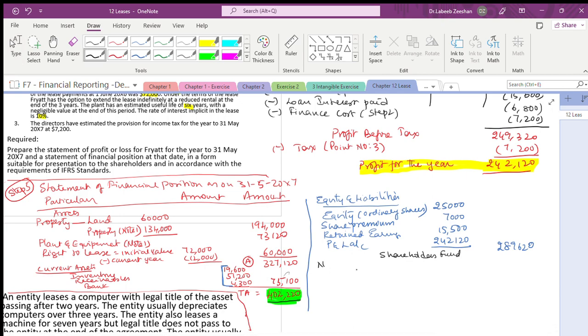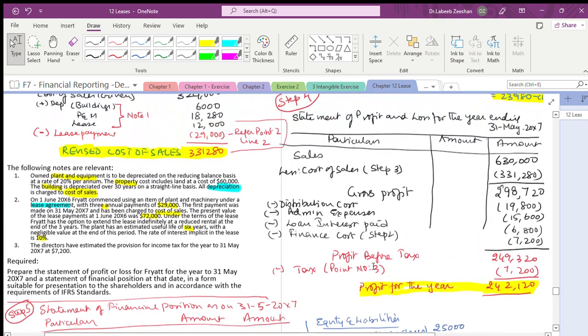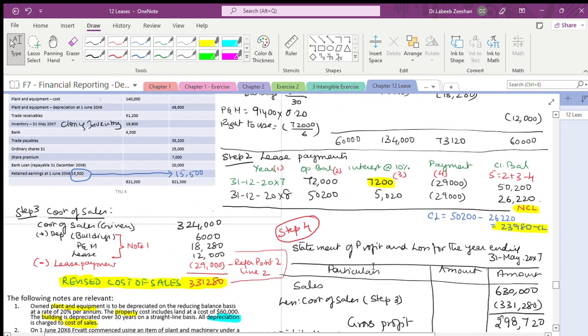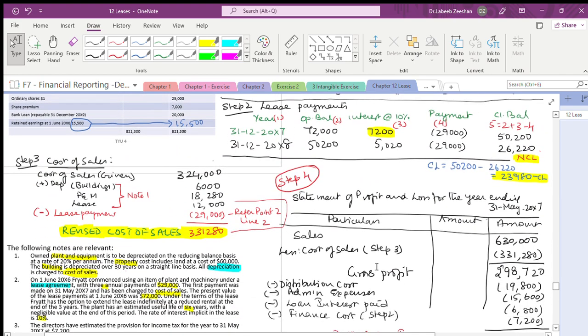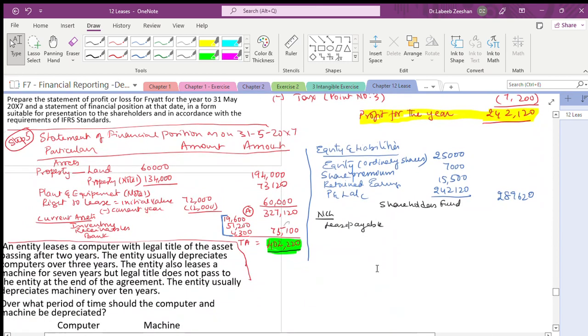You have non-current liabilities, we have done. Is it a lease payable? We have done. I have written somewhere. Step 2, 26,220.